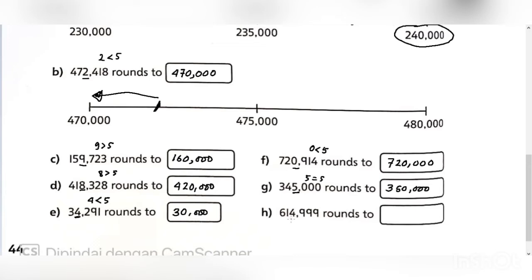We also need to see the 1,000. The 1,000 here is 4. We know that 4 is smaller than 5. So we need to round it to the number previously. So the answer is 610,000. Okay, it is very easy about rounding number.